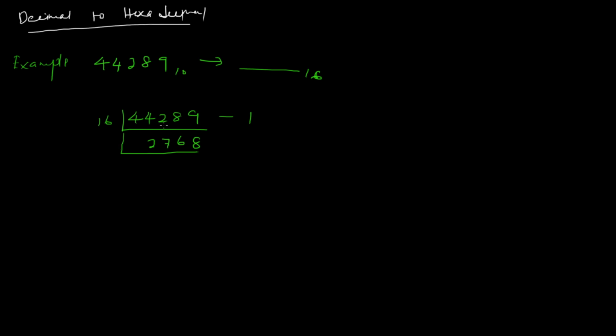Now you continue to divide 2768 divided with 16. You're going to get around 173. There is no decimal value, hence you can just leave it 0 for the remainder.